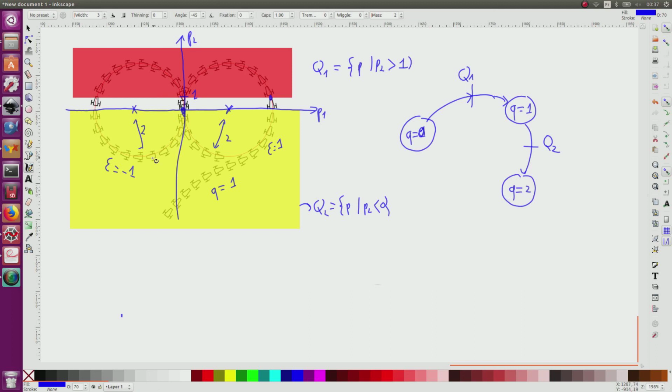I will continue like this, and I will switch to q equal to 3 as soon as I enter in Q1.